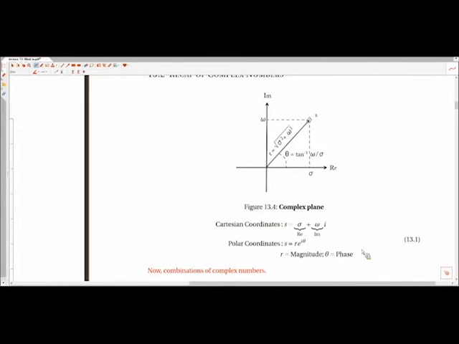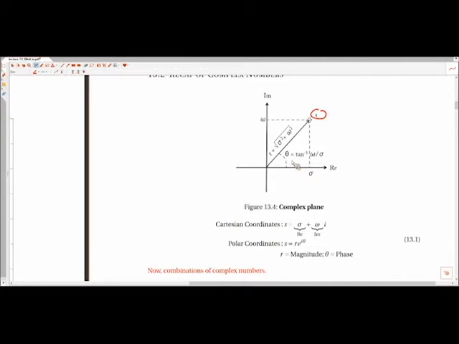Okay, so if this is something that is still kind of fuzzy to you, I recommend you go back and look at lecture 2 and some of the content that we went through there. But the main message is that if we have some sort of complex number, we can represent it in Cartesian coordinates as its real part and its imaginary part, which gives this location S, or we can parameterize it as a vector going from the origin with magnitude R and phase angle theta.